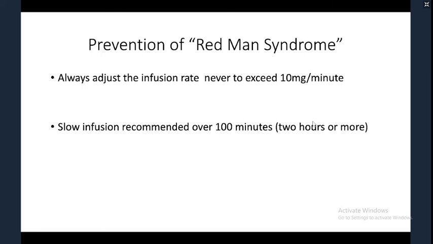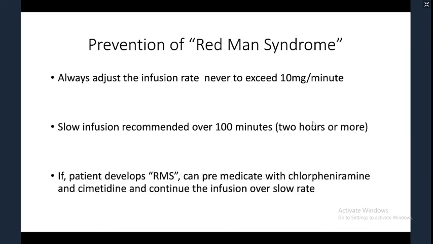So the key message that I want to convey when we are administering vancomycin is that the rate has to be maintained throughout the infusion and it should not exceed 10 milligrams per minute at any moment. It is not just the whole time duration; it has to be maintained throughout the infusion time, never to exceed the speed of 10 milligrams per minute.